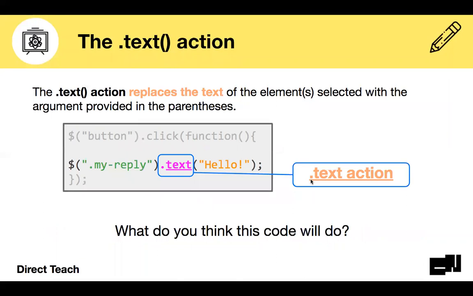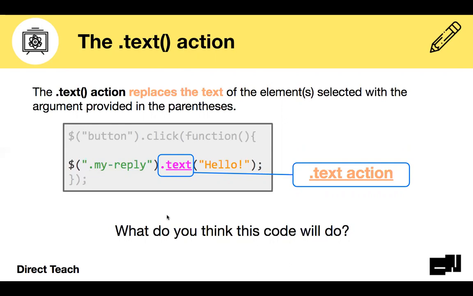Now, the second jQuery action that's really powerful that we're going to learn about today is called .text. Okay, .text doesn't change the CSS, but it replaces the text of the element selected with the argument that's provided in parentheses. So looking at the code below, what do you think this code will do? Yep, so this code will change the text of the element .myReply to hello, right?